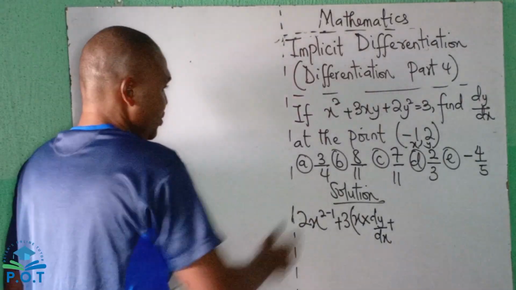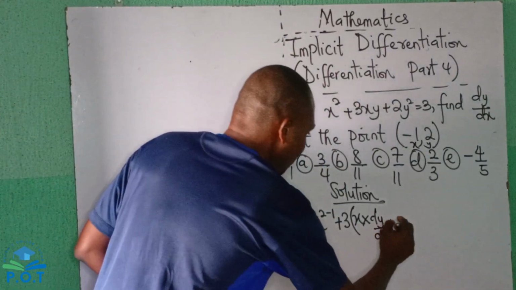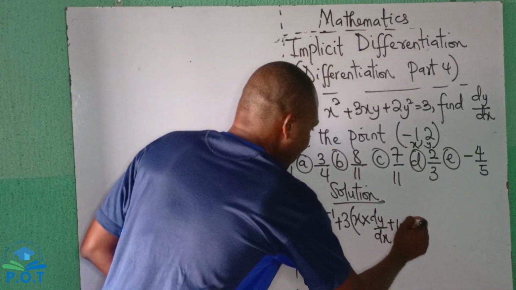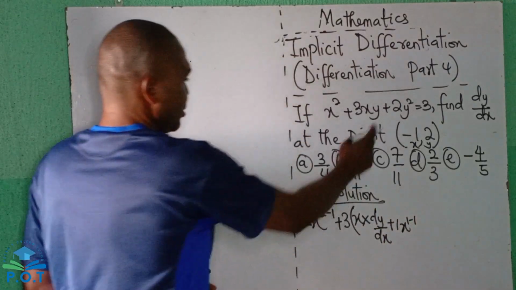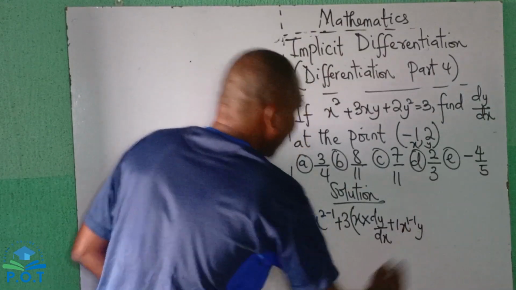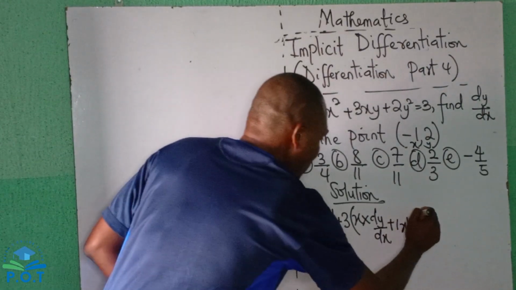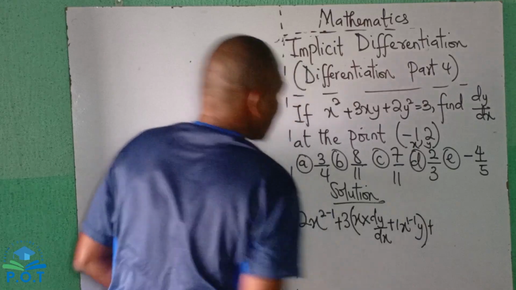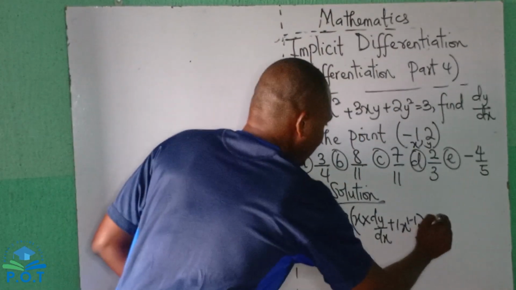So the highest power of x is 1, so I'm going to bring it down. This is x to the power of 1 minus 1. Then I'm going to write my y. Bracket close, plus this is 2.